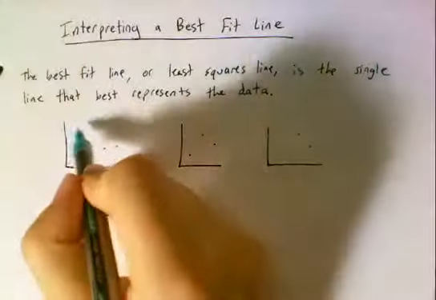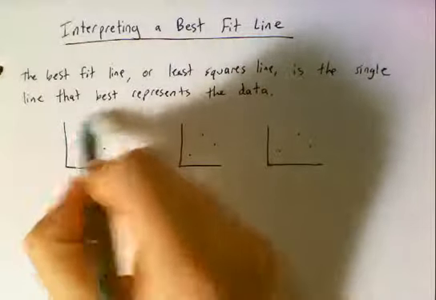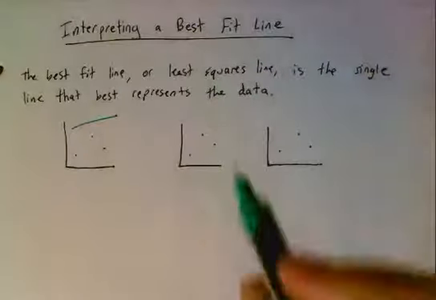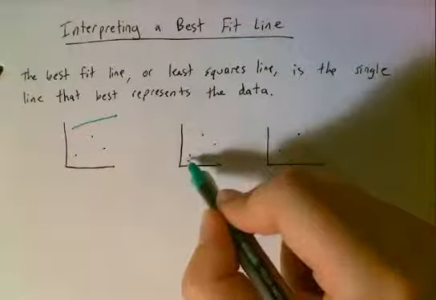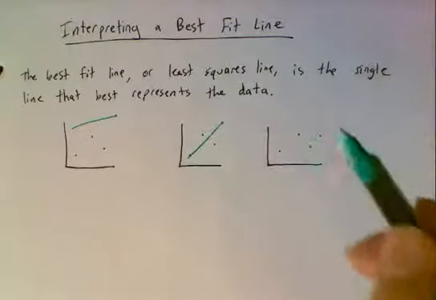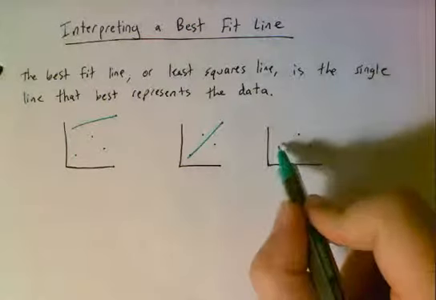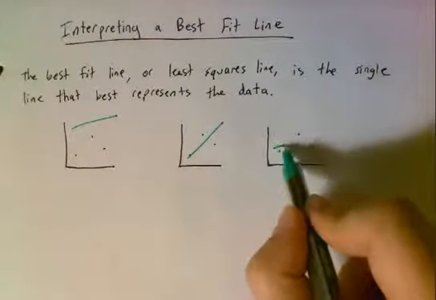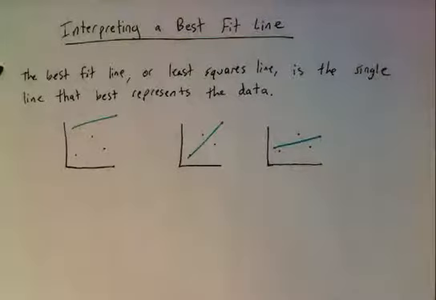So let's say the first one that I draw is just like up here. And then I draw another one that's kind of like, maybe like that. And then I draw another one that's sort of going through it, maybe like that.